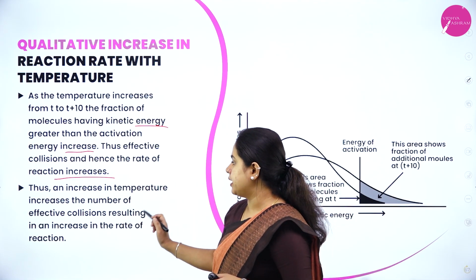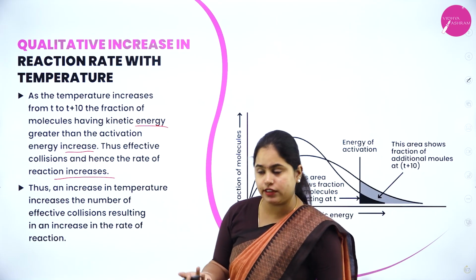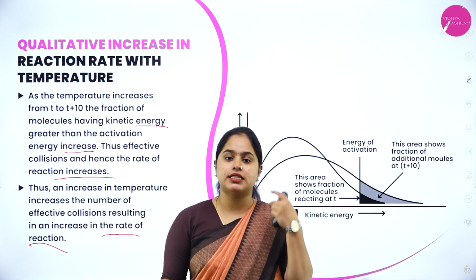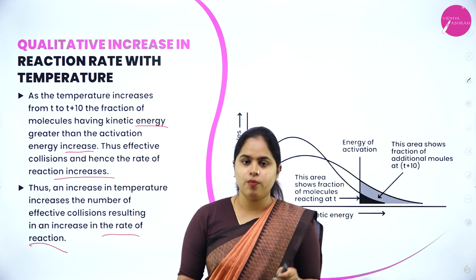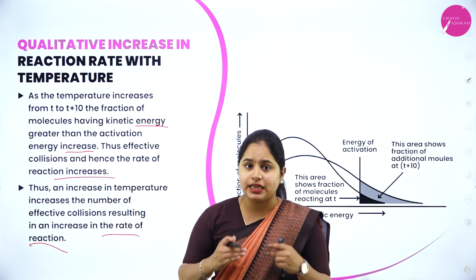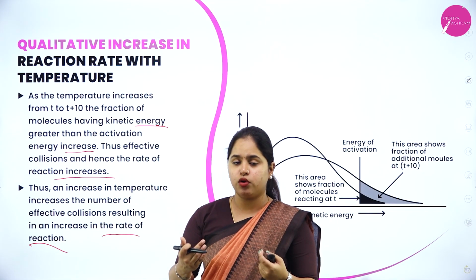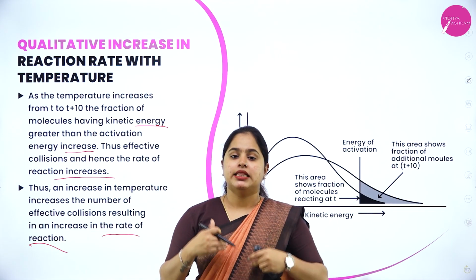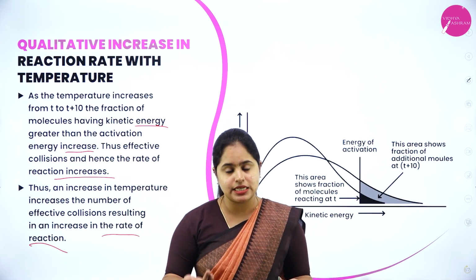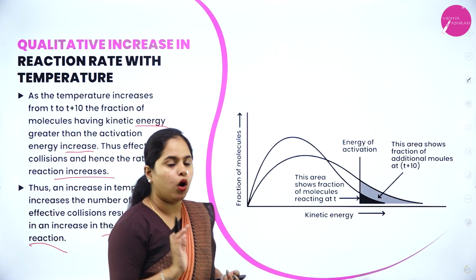Thus, an increase in temperature increases the number of effective collisions, and in turn it increases the rate of the reaction. In conclusion, when the temperature is increased, the kinetic energy increases, effective collisions increase, hence the rate of reaction also increases.